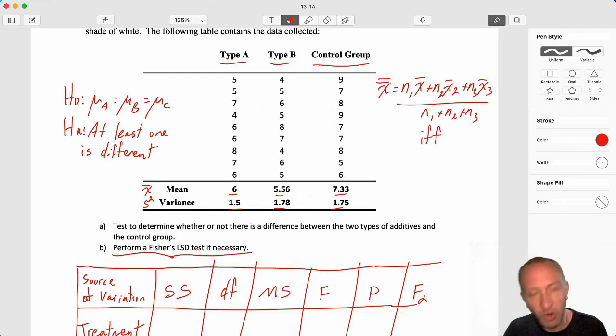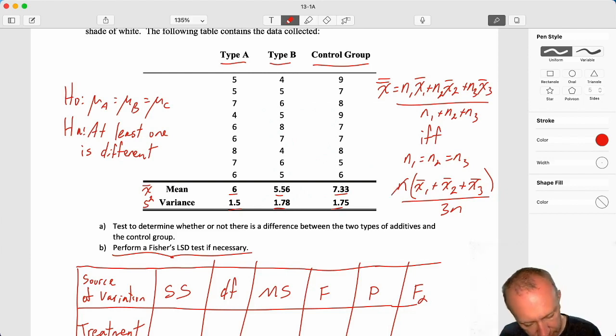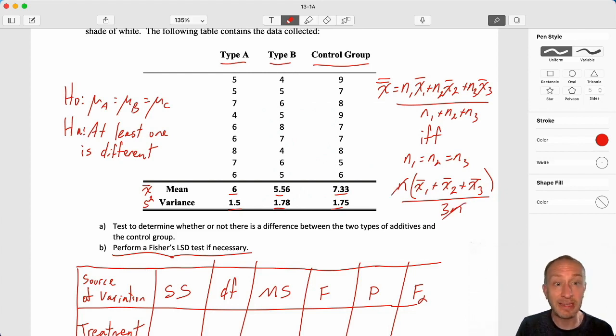If and only if, spelled with two F's, a very strong if and only if, your sample sizes are equal, which for us they appear to be, well then I can factor out that n, and this becomes x bar 1, x bar 2, x bar 3 divided by 3n. And so my grand mean becomes just the mean of the sample means. Sorry, not my sample means, my sample sizes are identical.